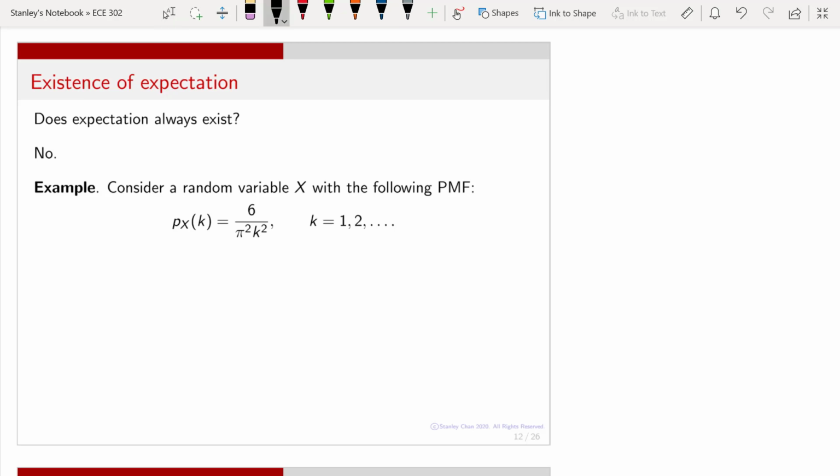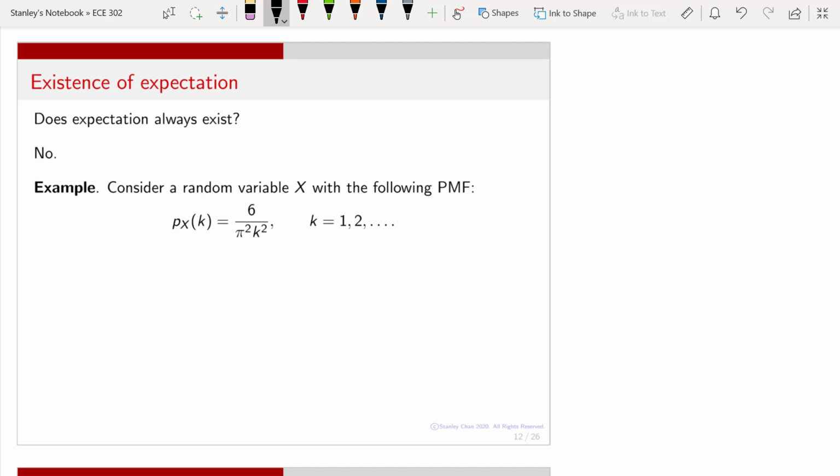Here is a random variable x with a probability mass function given by this equation. You can do a simple calculation and show that the summation of all these values of k will give you a sum of 1.